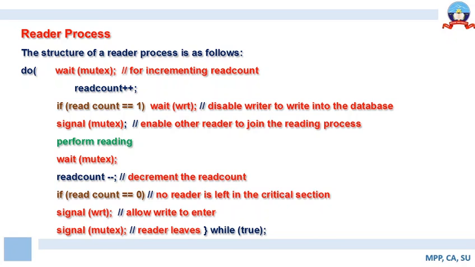Once that is done, you can allow multiple readers to join the reading process, right? Once a reader wants to leave, you need to decrement the value of read count again through a wait operation on mutex. Eventually, when read count becomes 0, you can allow the writers to come in and perform the write operation. So this is the way the reader-writer problem is defined.